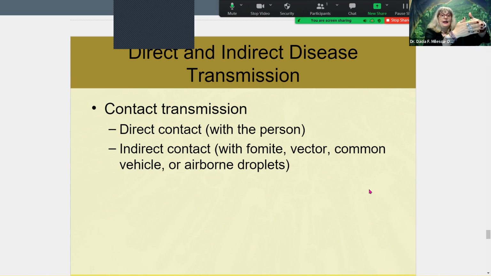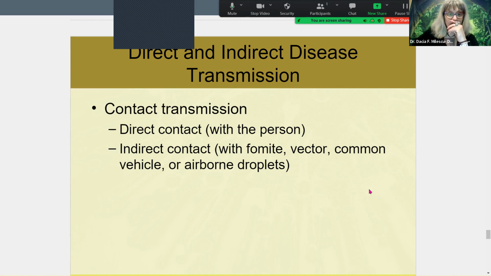All right, droppings, fomite, and then to a person. Okay, airborne droplets are another way. So these are all the indirect contact ways of getting transmission. Direct contact is sexual contact, as an example. Indirect contact is me, for example, sending out that airborne droplet.